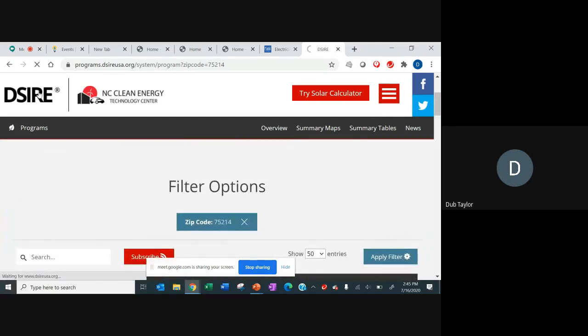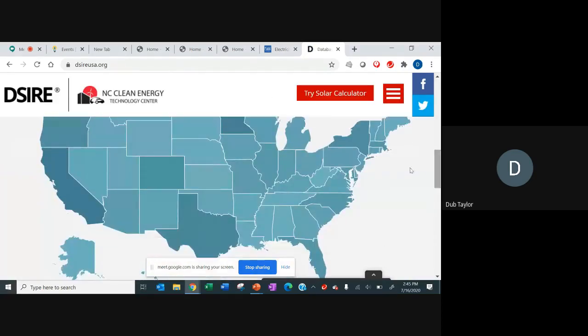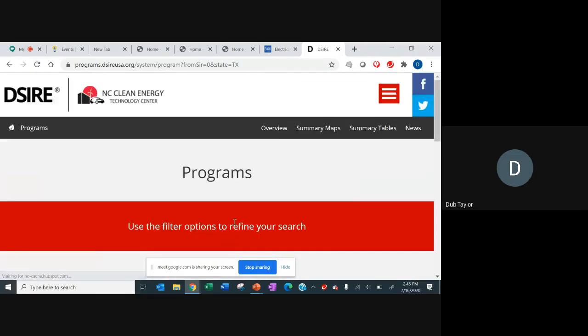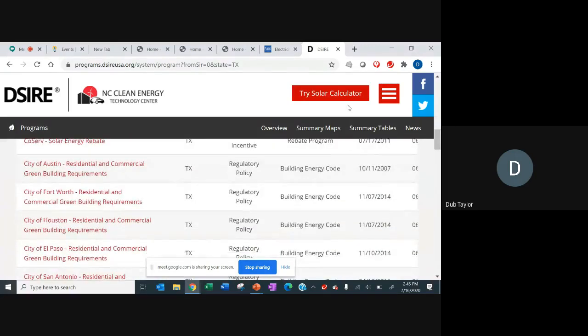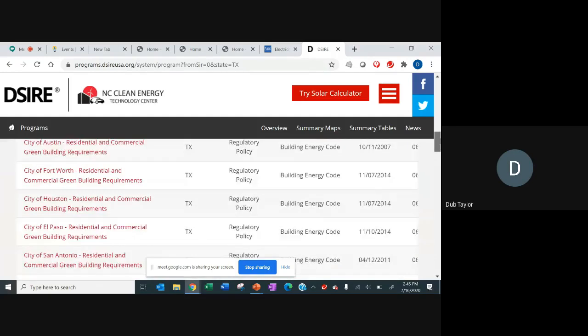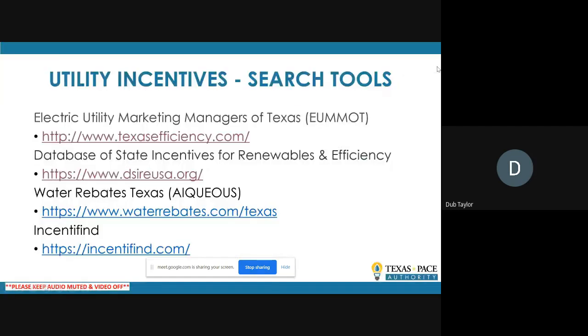You can search by state. You can click on Texas, and what you can see is they have in this database 113 different policies and incentives. You click on that, it brings up the incentives, and then you can actually sort and refine by applying this filter to better isolate what you're looking for.